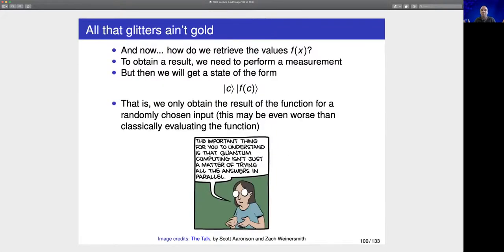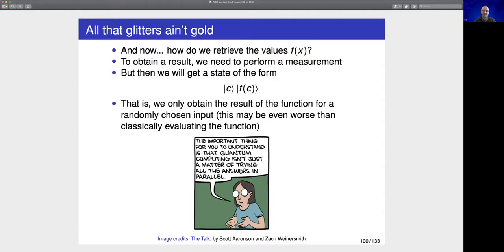So when we measure that, we are going to obtain just the evaluation of the function on one point, on one input, and completely at random. So this is even worse than what we had in the classical case, because in the classical case, at least we can select on which input we want to evaluate the function, okay?